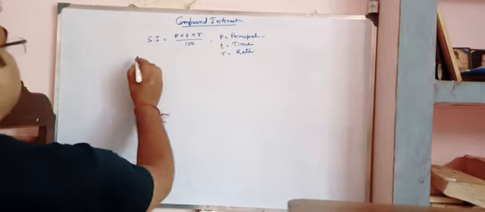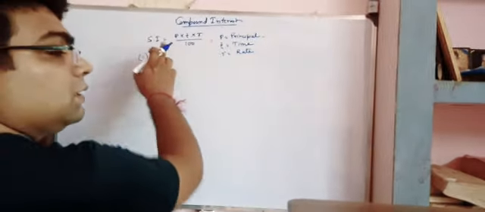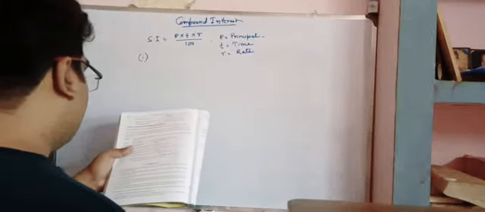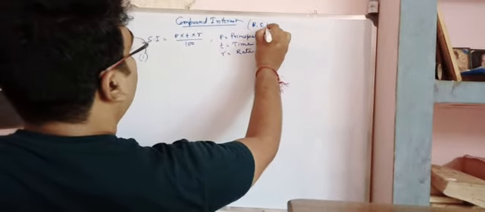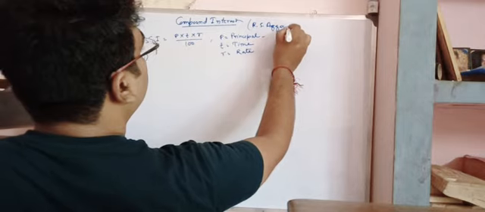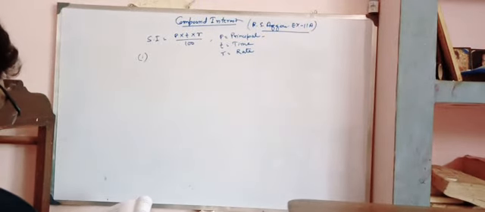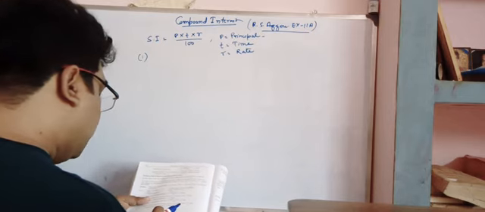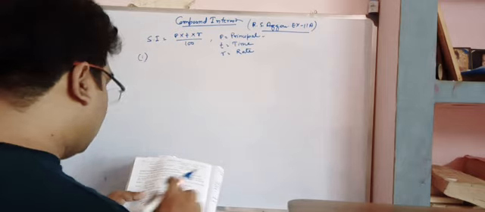First I am solving this question using this formula, so that you can understand the concept of compound interest. This is exercise 11A, R.S. Agarwal. Find the amount, the compound interest on rupees 2500 for 2 years at 10% per annum compounded annually.